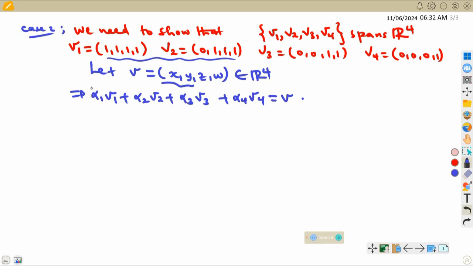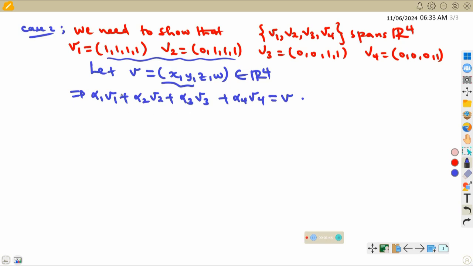If we are able to get the values for these scalars alpha 1, alpha 2, alpha 3, and alpha 4, or if there exists a solution to this expression, then we shall be able to say that these vectors span R4.